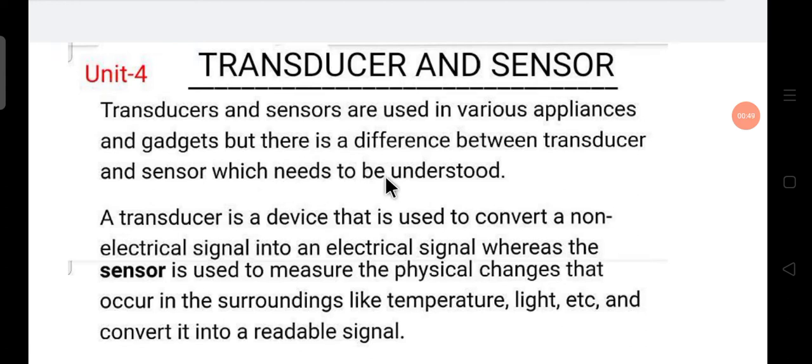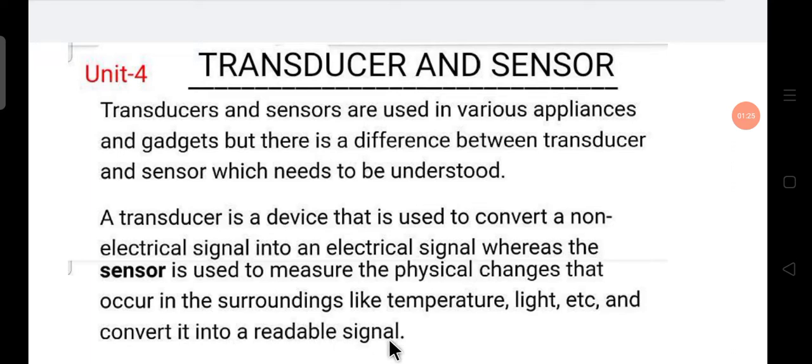Now a transducer is a device that is used to convert a non-electrical signal into an electrical signal. This is the concept of a transducer. Whereas a sensor is used to measure the physical changes that occur in the surroundings, like temperature, light, etc., and convert it into a readable signal.